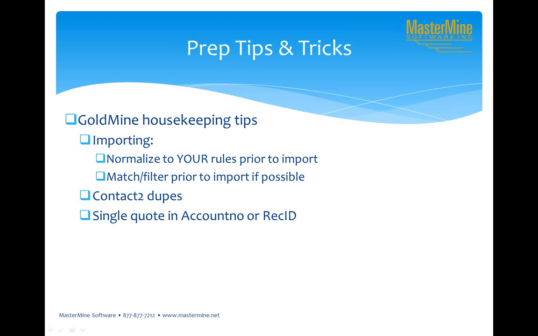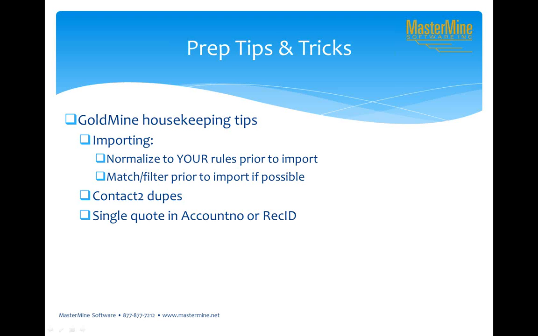Maybe it's even a process where what we're importing is not new records, but data that should match with, or update, let's say, contact to fields, user-defined fields, update SIC fields or such, or demographic fields. If that's the kind of information that's coming in, then doing a matchup prior to doing an import, of course, makes a lot more sense.